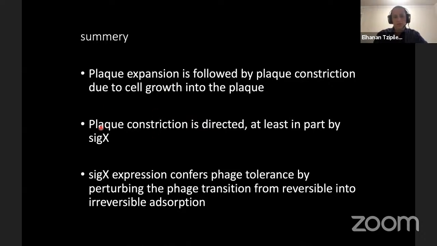And I hope I was able to convince you that constriction is directed at least in part by activation of SigX, and SigX expression confers phage tolerance by perturbing the transition of the phages from reversible into irreversible adsorption. So this raises a question: what happened to the phages that were able to sneak into the cell? Because as I showed you, it's not a perfect protection.